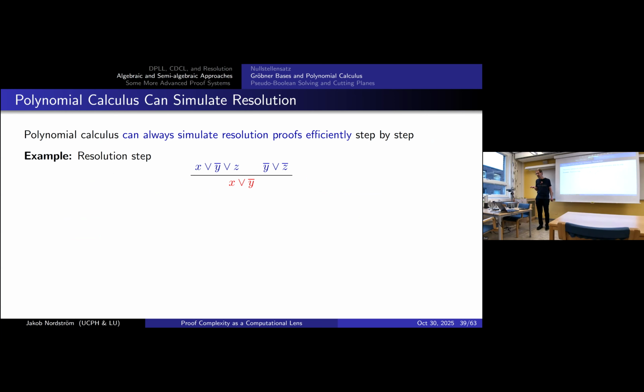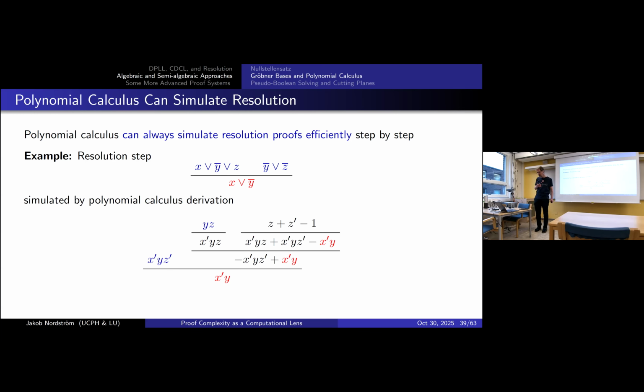Remember, we have a way of translating clauses, and just as a sort of proof by picture, to see how to model the resolution step, how to resolve x or not y or z, and not y or not z to get x or not y. Note that here in blue are the two translations of these clauses.